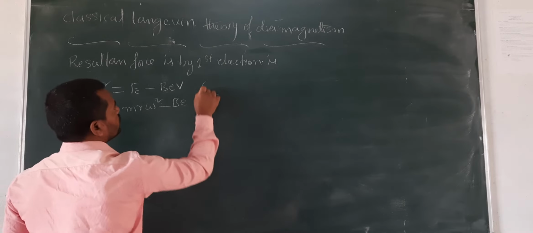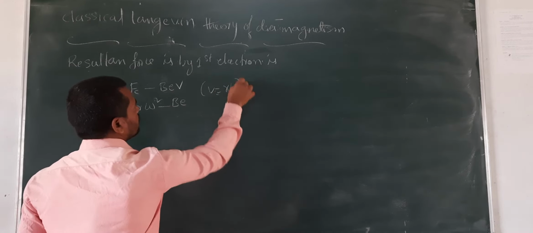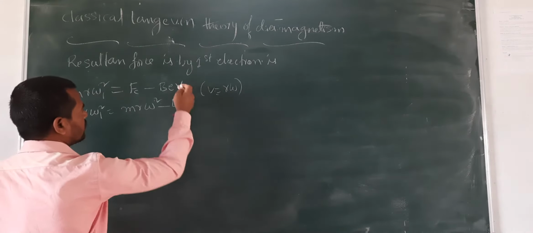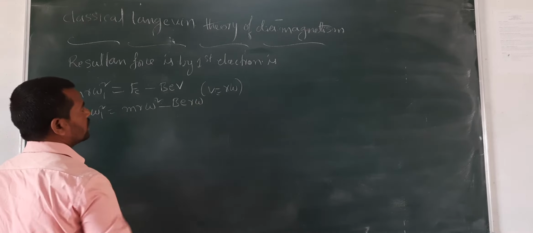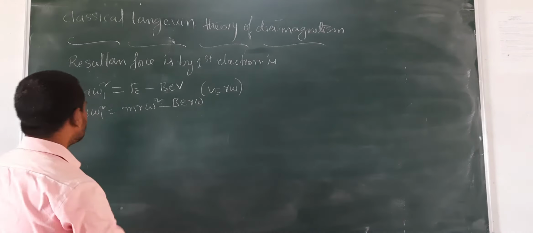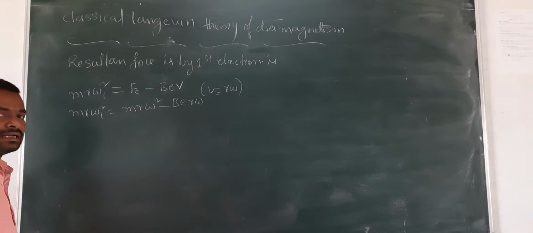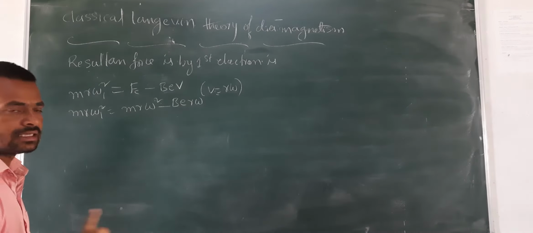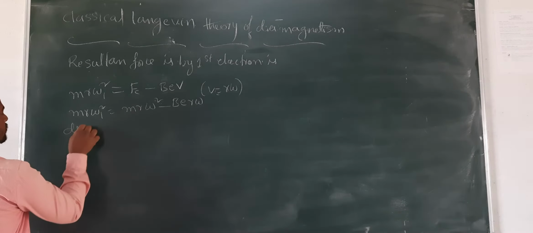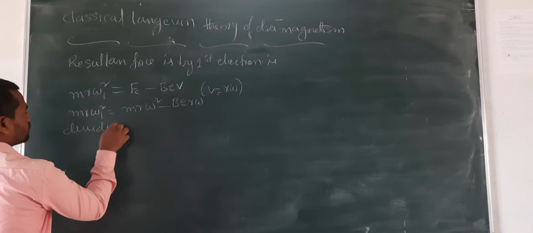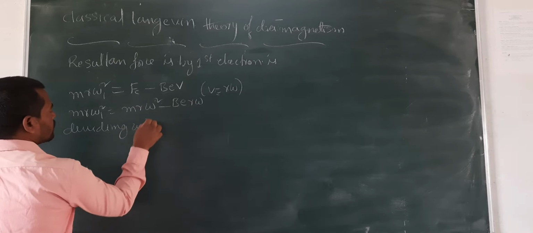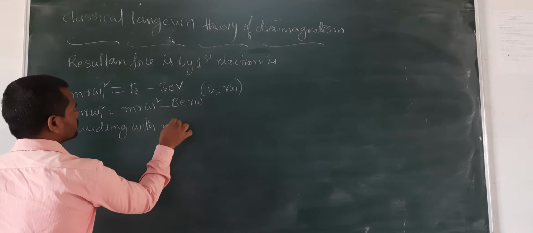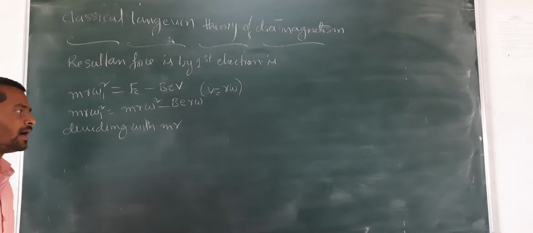We know v equals r omega. Substitute that value here, take r common, and divide by mr on either side.